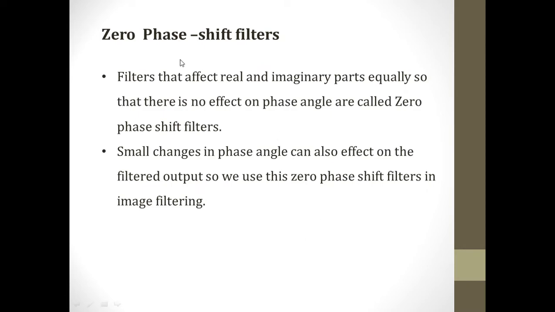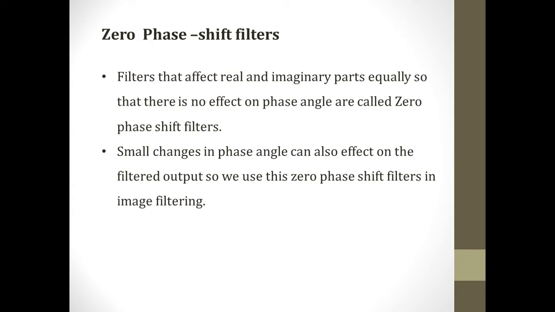Now let us look into what actually zero phase shift filters are. Filters that affect real and imaginary parts equally so that there is no effect on the phase angle are called zero phase shift filters. Generally, small changes in this phase angle result in the change in the filtered output.